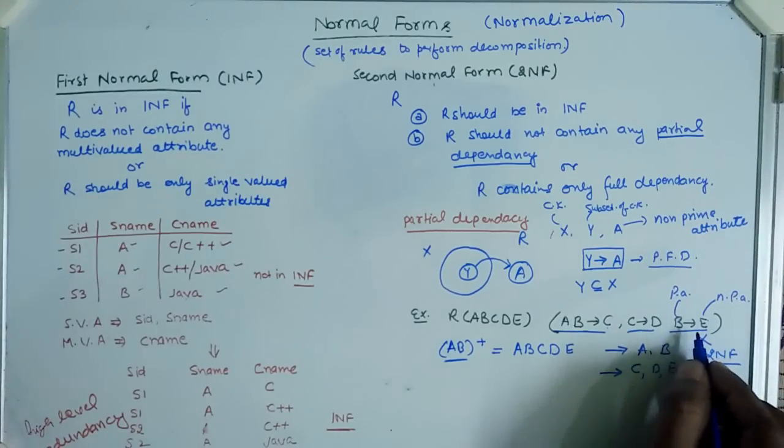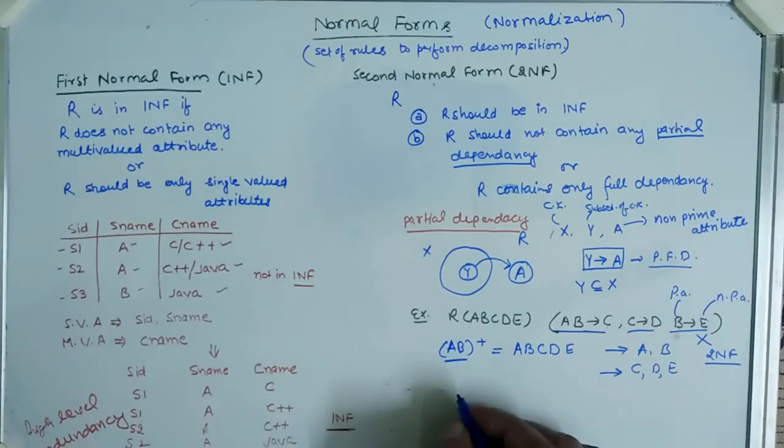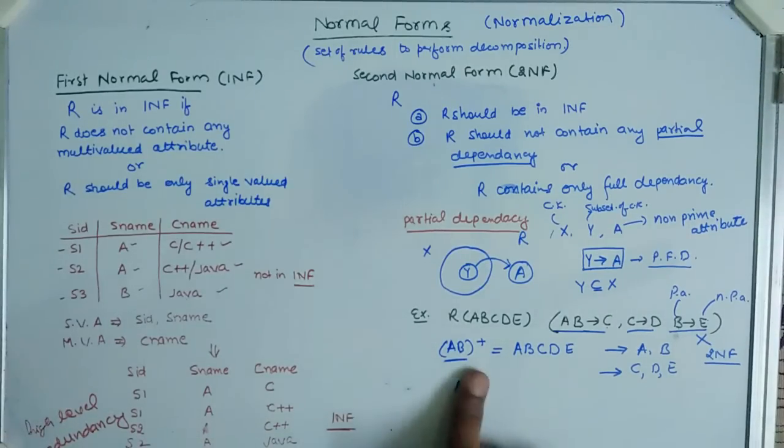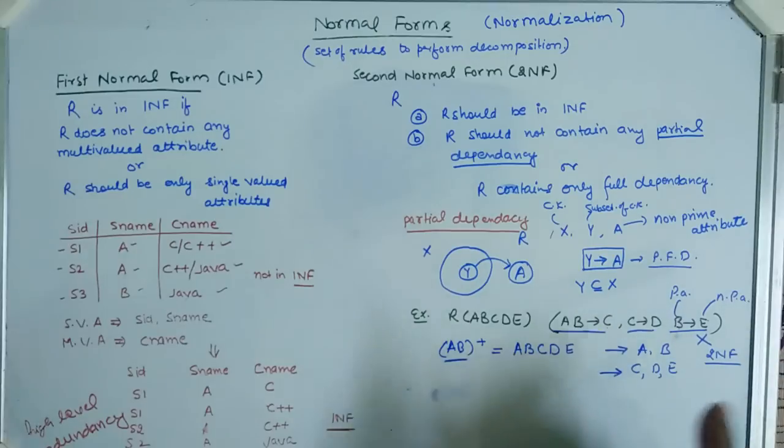So to remove this partial dependency, we need to divide our table into two parts. The table may be divided by the functional dependency which creates the problem.